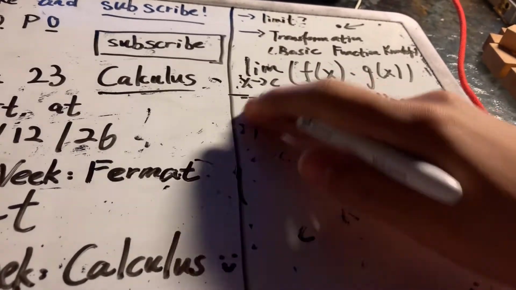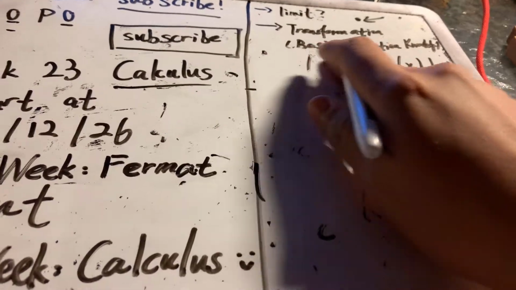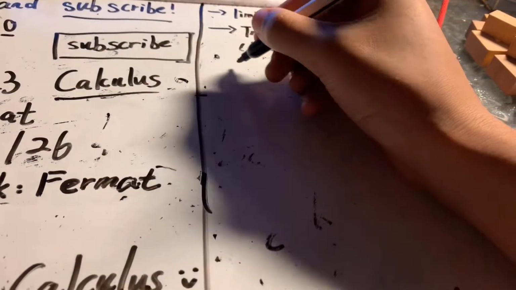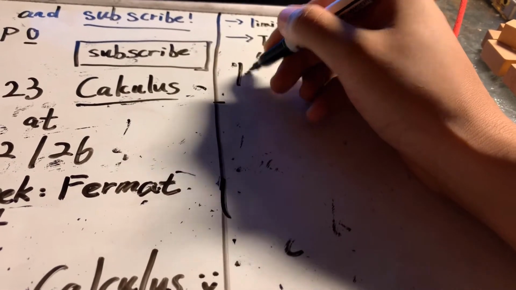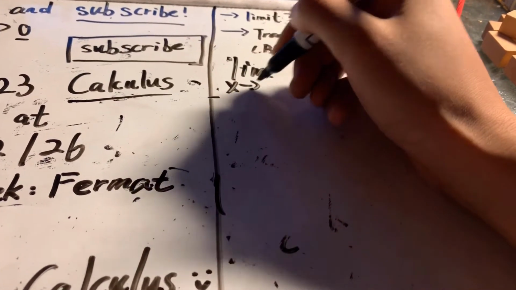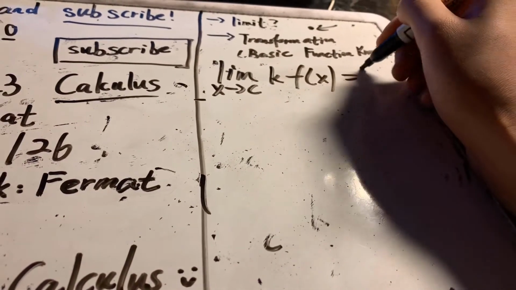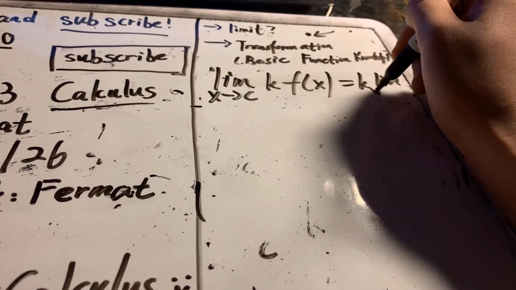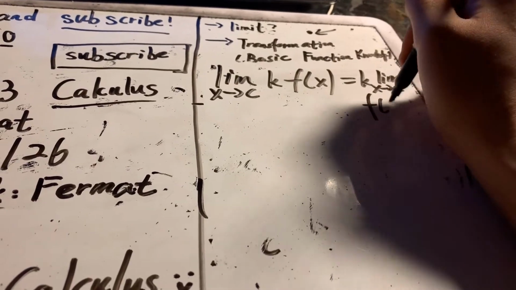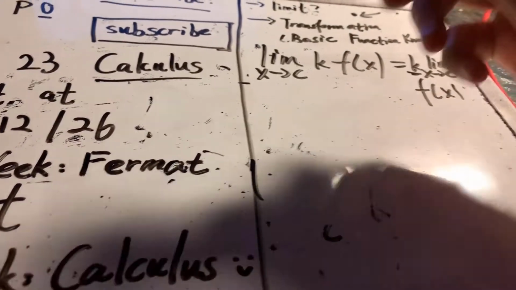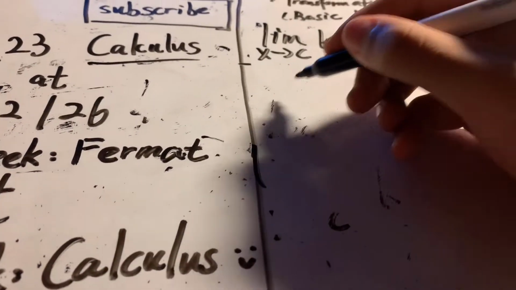Let's see some more rules. There is still the constant multiple rule: the limit of k f(x) equals k times the limit as x goes to c of f(x), if k is a constant. And the power rule.